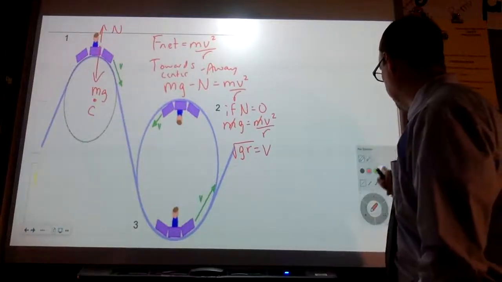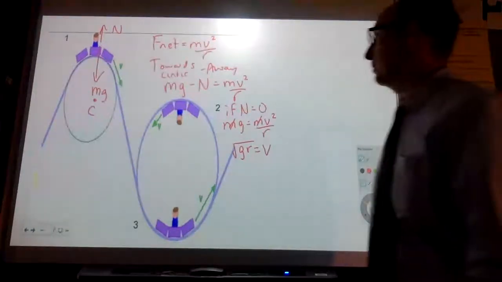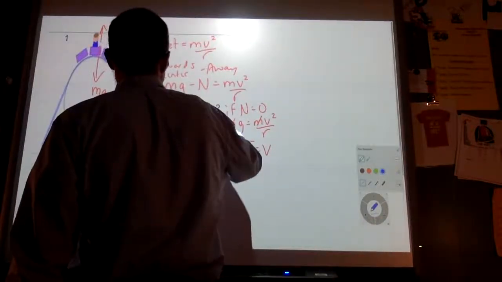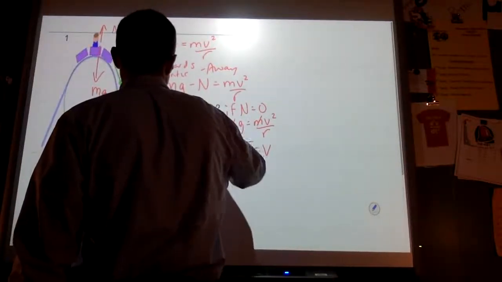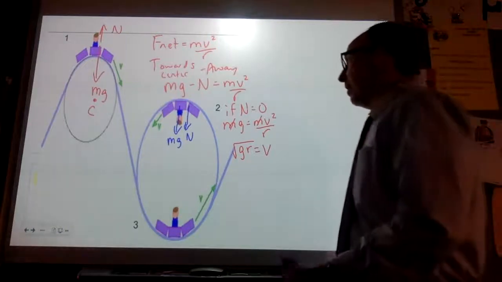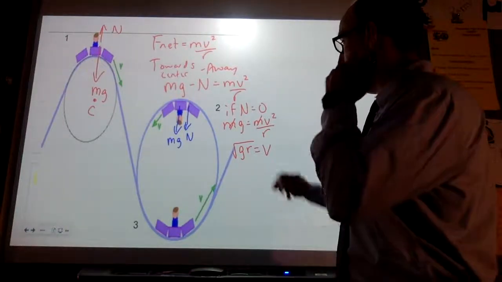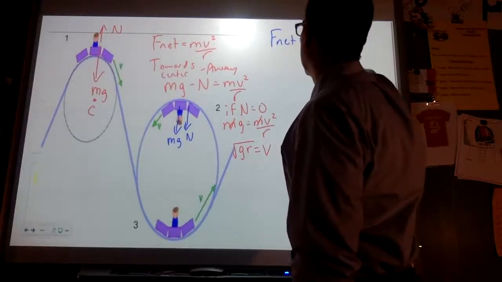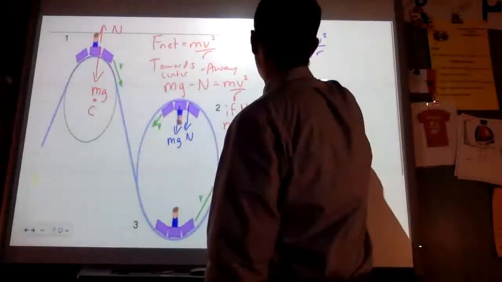All right, on to case 2. Now I'm upside down. mg is still going towards the center, and it is possible that n is going towards the center as well. And so I'm going to say that F net equals mv squared over r.